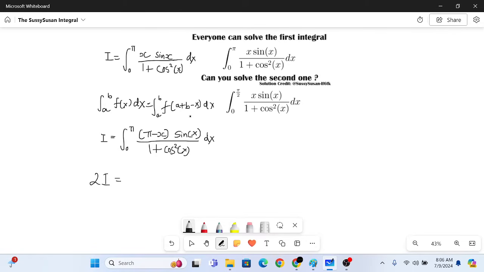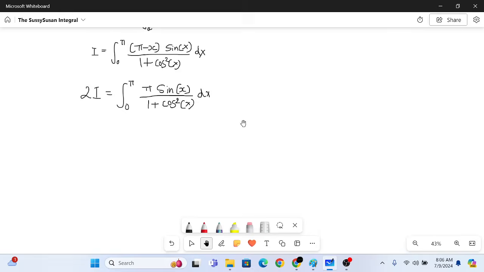Over here we see that sin x by 1 plus cos square x is the same, so x plus pi minus x is just pi. So this is integral from 0 to pi of pi times sin x by 1 plus cos square x dx.